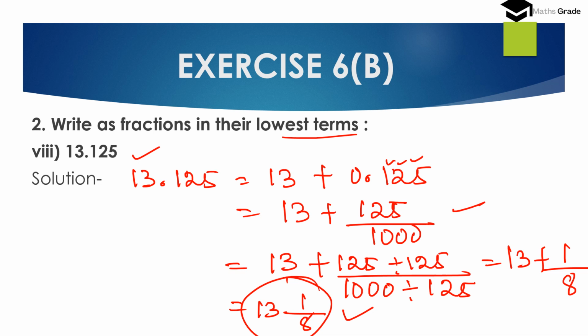So 13.125 is 13 1/8, where 13 is the natural number and 1/8 is the proper fraction. So 13 1/8 is the lowest term of the decimal 13.125.